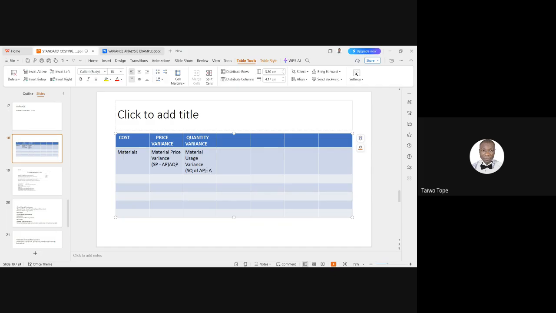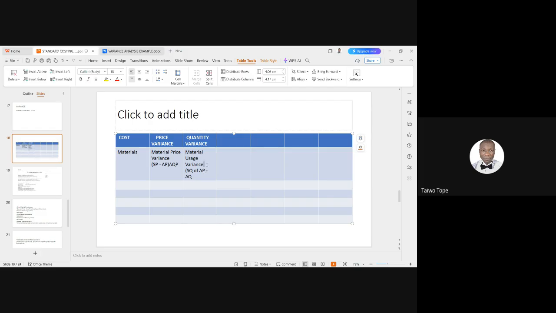Less actual quantity, multiplied by the standard price.